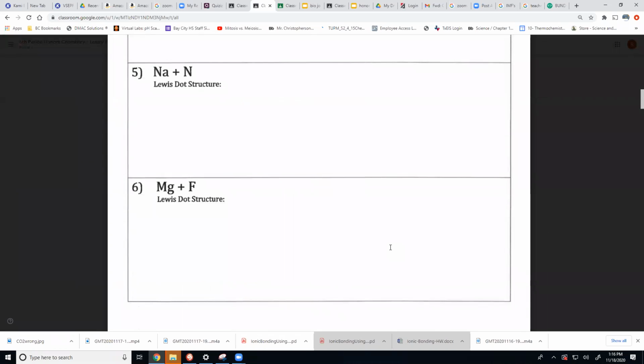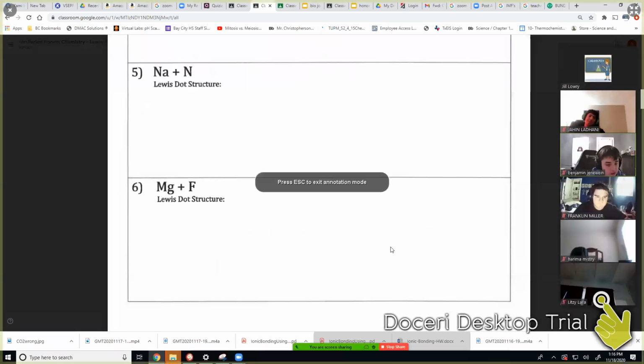I'm going to go down to number 5. All right. So I'll start my same process. I do the Lewis dot for the individual elements. So sodium is group 1, so it just has 1 valence electron. Nitrogen is group 15, so it has 5. So the sodium is going to donate its 1 electron.